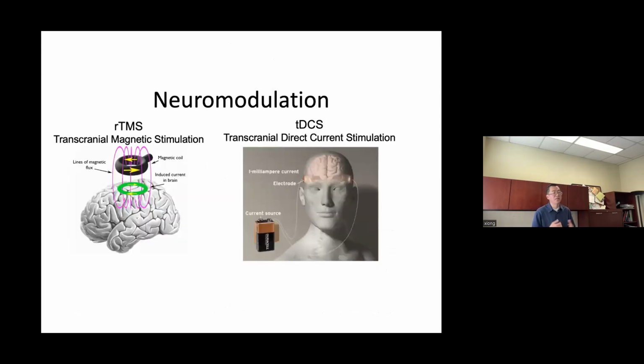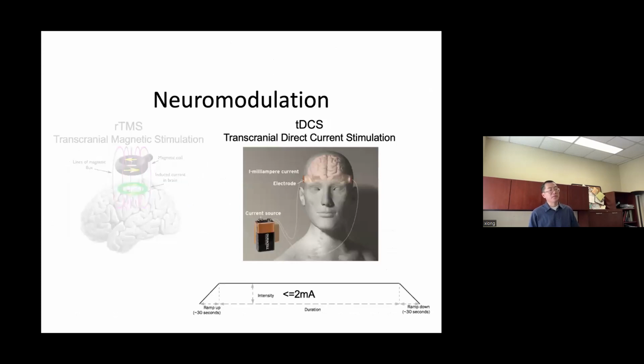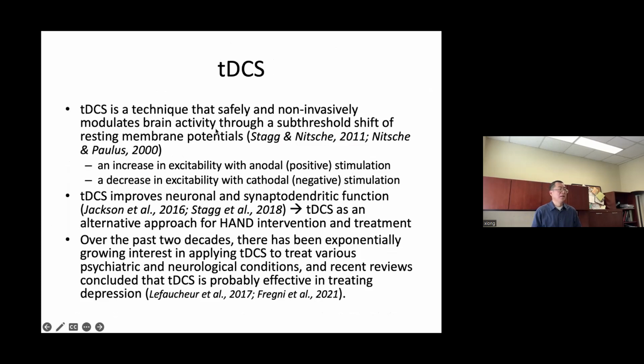We use neuromodulation, especially tDCS, because it's safe and well tolerated. tDCS is a non-invasive brain stimulation technique. It doesn't directly excite or inhibit the neurons; rather, it changes the resting membrane potentials to make them more likely or less likely to fire.